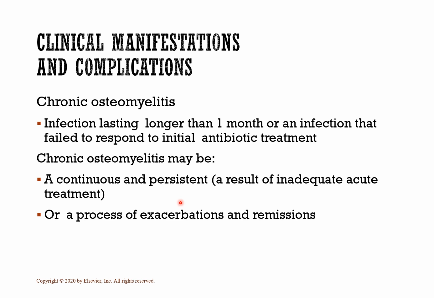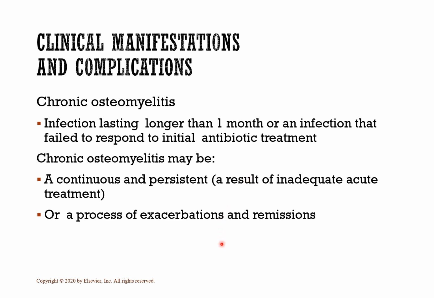So therefore now, for us, we should know that potentially this patient has had this infection for more than a month, or they tried to treat it and they've given the patient antibiotics and it's failed to respond. So at this point, it's not responding. So now we're considering this condition to be chronic osteomyelitis. So therefore, let's see what the care is going to look like.